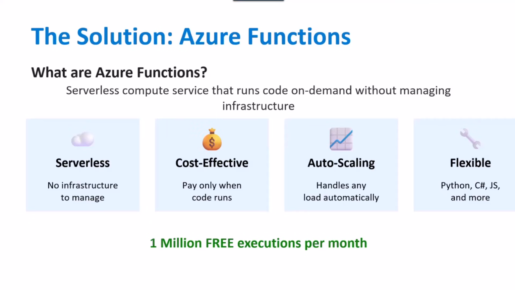I said 5,000 runs, right? So you only get charged each time you run that particular function. And as shown at the bottom of the screen, there are 1 million free executions per month, and 5,000 is really small, right? So it scales automatically and handles any load automatically.